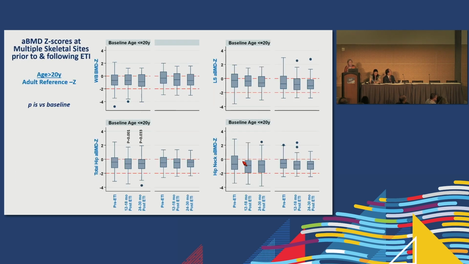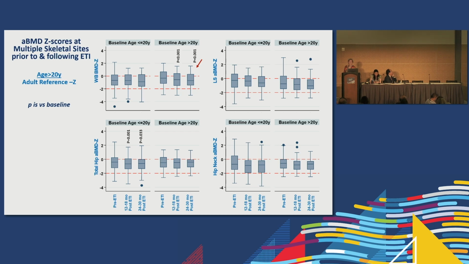Okay, so here I am showing you now our longitudinal data. I'm showing you adults. And the only thing that was statistically significant, for whatever it's worth, is that whole body BMD-Z was slightly lower at 12 to 18 months, and that difference persisted at 24 to 30 months.